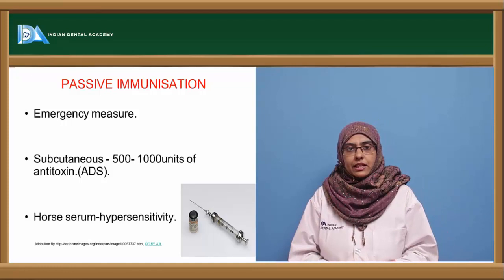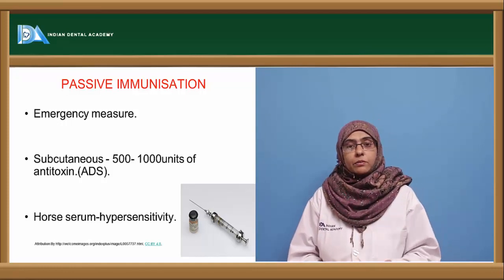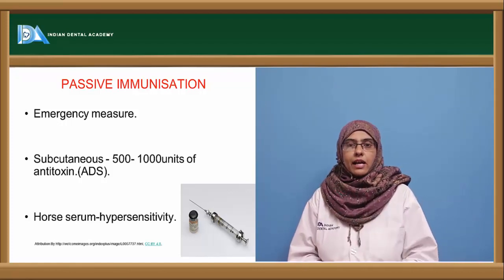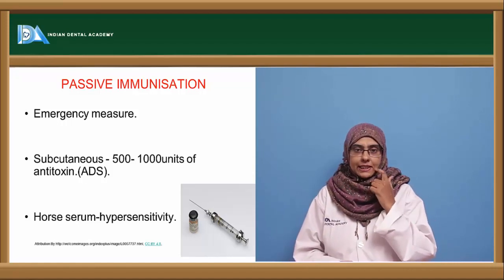Active immunization, as we know, is usually brought about by the vaccine, whereas passive immunization is brought about by giving antitoxins directly, which have been grown in horse antiserum.